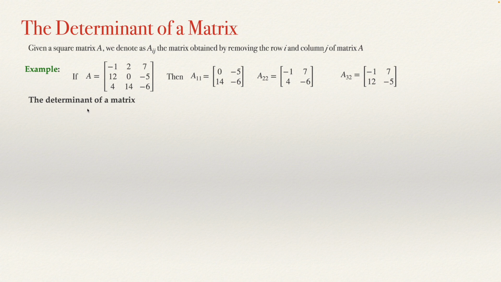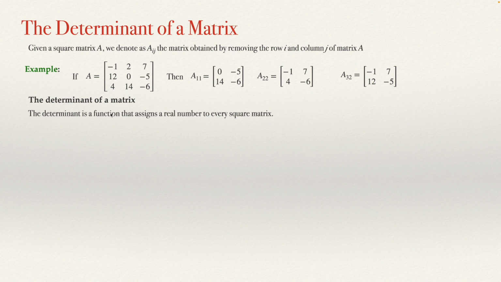The determinant of a matrix will be a rule, a function that assigns a real number to every square matrix. So we need to have a square matrix first, meaning the number of rows and number of columns need to be the same. And second, what we assign to the matrix will be a real number.